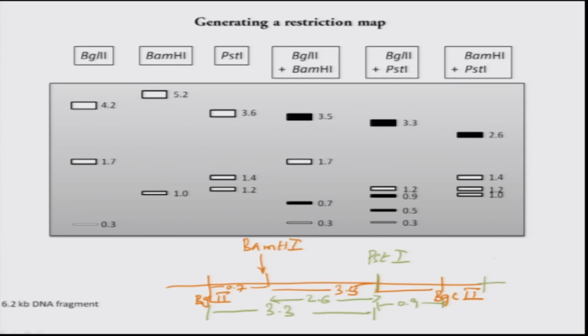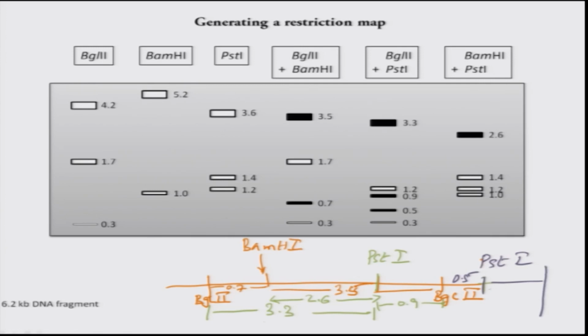So this is, let me change the color again. So if this is the other PST1 site, this could be the other 0.5 kb fragment. And in the single digest for PST1, there is a 1.2 kb band which does not come up in any of these calculations.